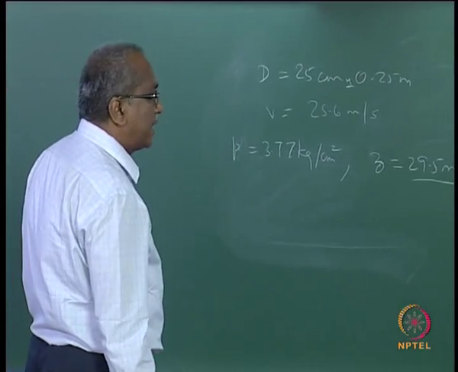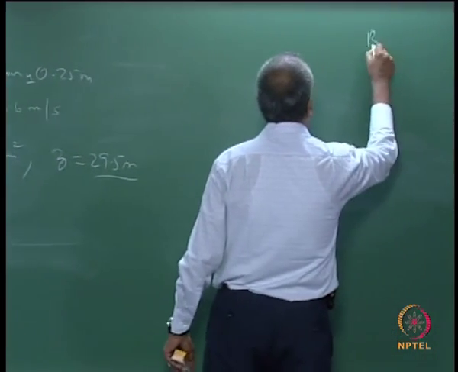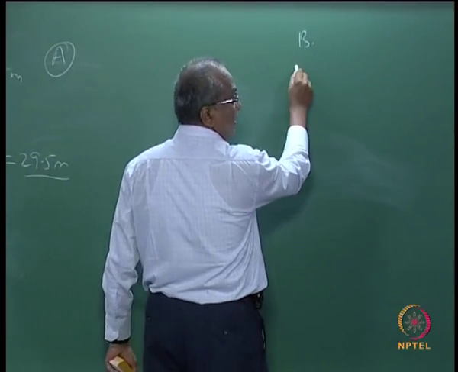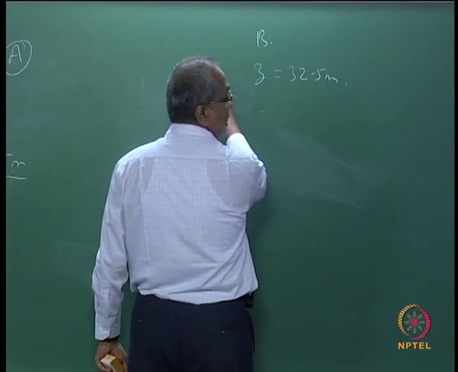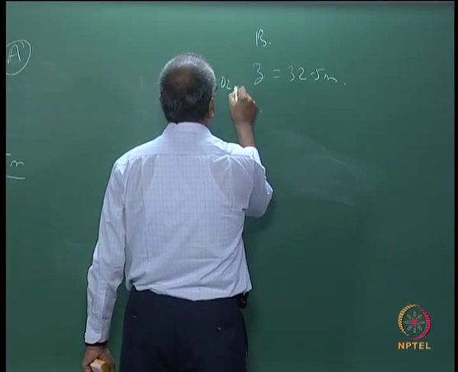The pressure at some other location, that is B. So this is A. So here B is 32.5 meters, and the pressure is 3.6 kg per centimeter square.